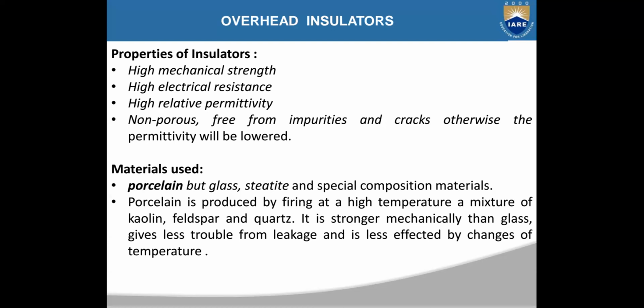So porcelain has high mechanical strength, it is less affected by changes in temperature, and it is trouble free from leakage currents. Because of these reasons, porcelain is the most widely used material. Nowadays we are also using glass, or some composition of materials.